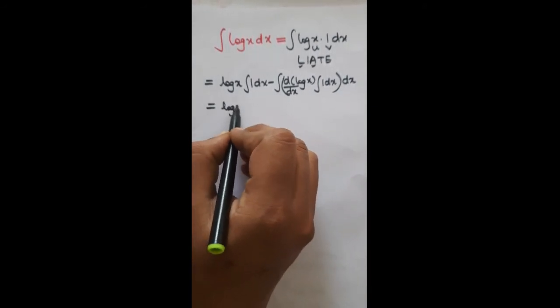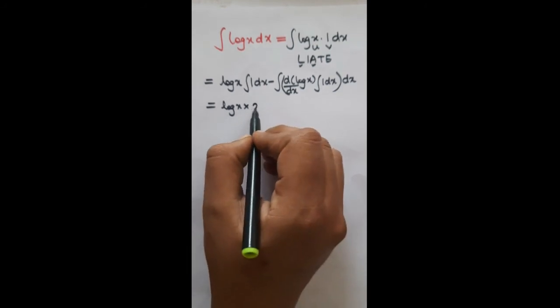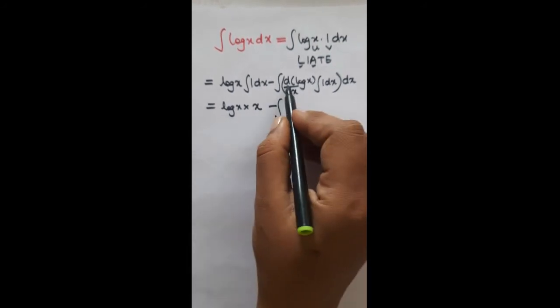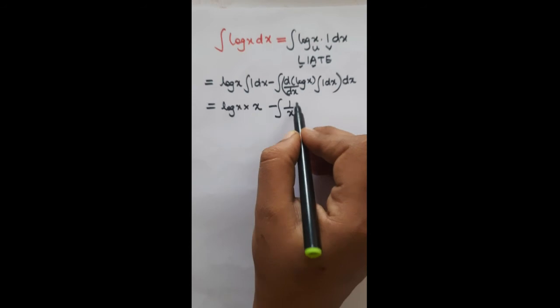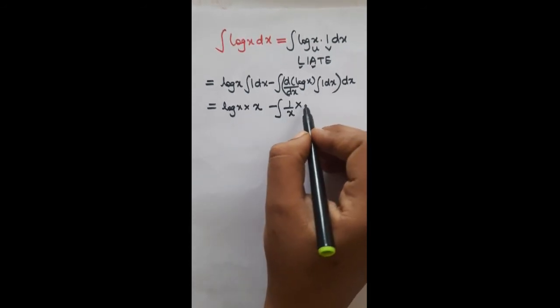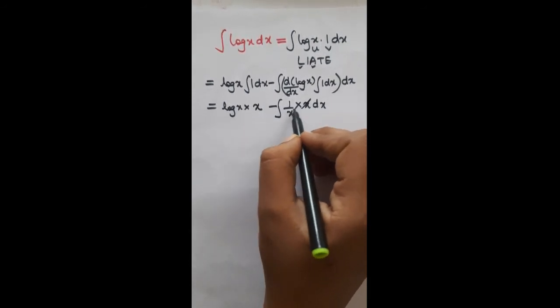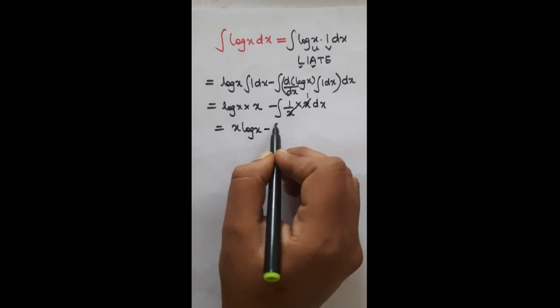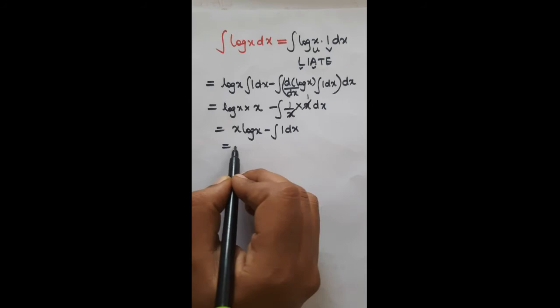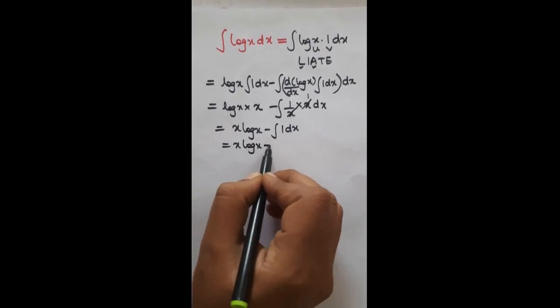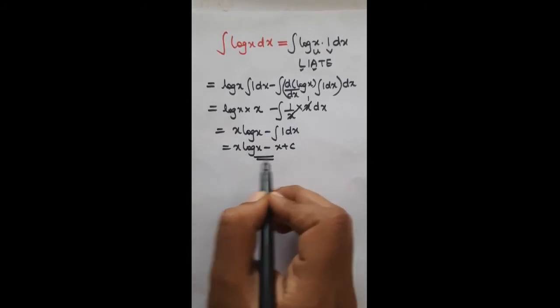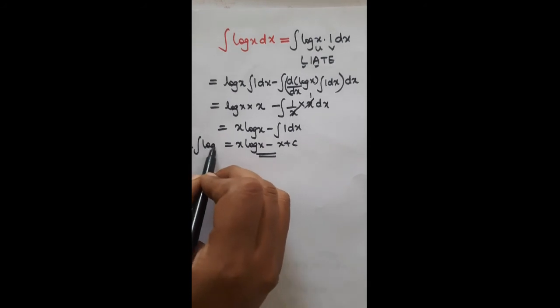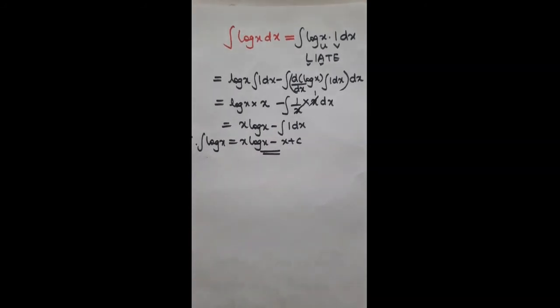So this is log x into integration of 1 is x minus integration derivative of log x is 1 by x. Again integration of 1 is x dx. x and x cancels off. This is x log x minus integration of 1 dx, which is x log x minus x plus c. So therefore integration of log x is this.